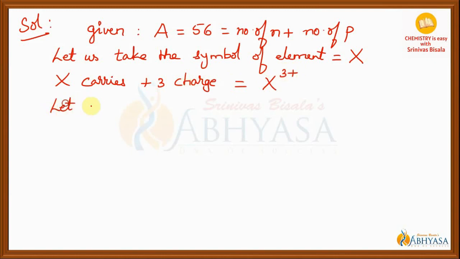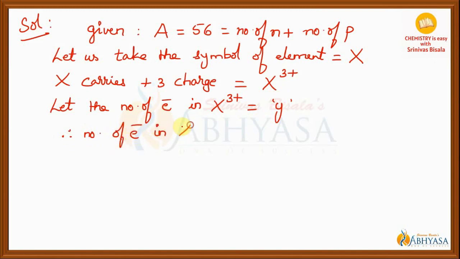Then let us consider that the number of electrons present in this X3+ is equal to Y. Therefore, the number of electrons in the original atom of the element, that is X, is equal to Y plus 3, isn't it? These two are the important lines. If you understand this, the remaining numerical is very easy. And the calculation is also easy if you solve the numerical in the same pattern which I do.